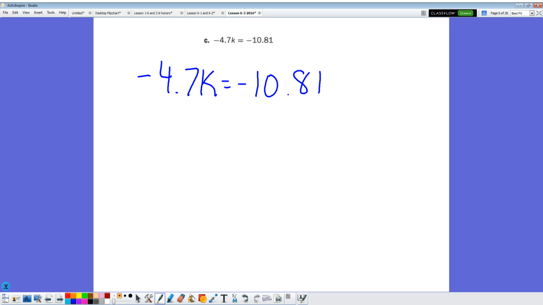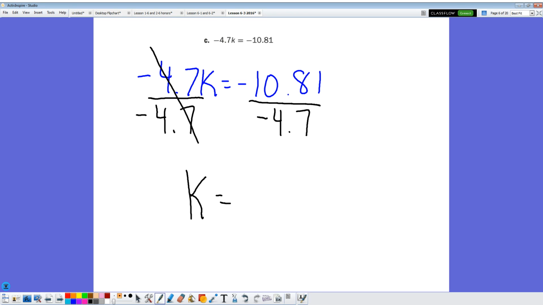Okay, here's the next one I've got going. I'm going to divide, again, both sides by the coefficient, which is negative 4.7, or negative 4 7/10. And if I divide the left side by negative 4.7, I'm going to divide the right side by negative 4.7, so that I have my variable isolated, that I have k by itself.